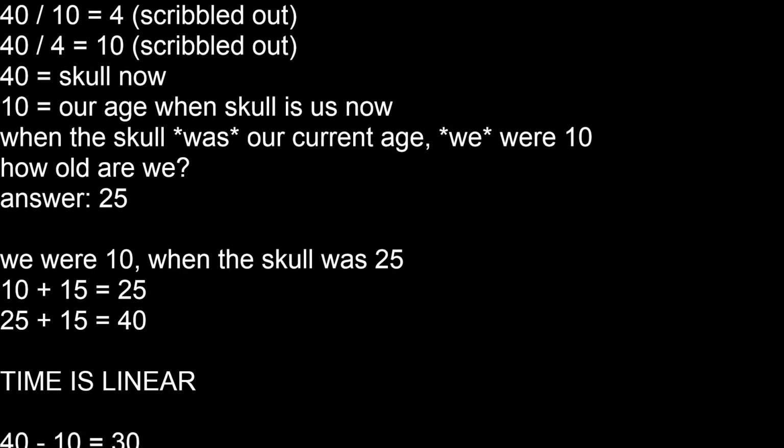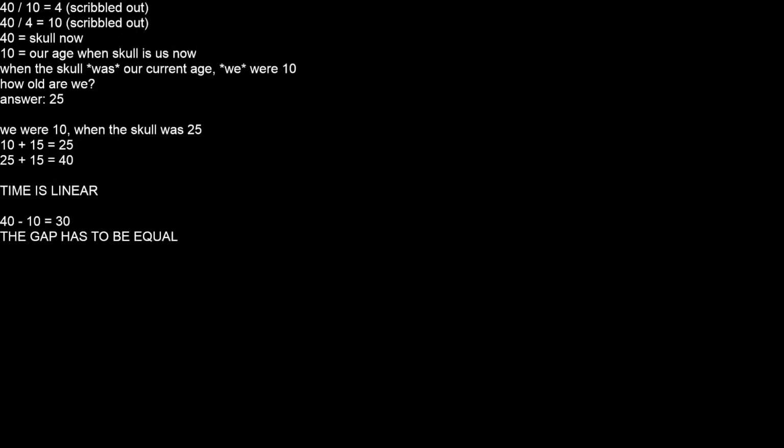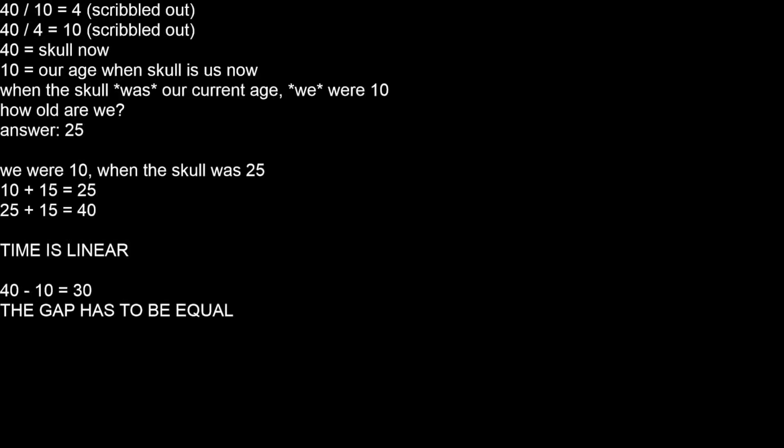But the gap has to be equal. Hold on, I need to shrink the font. The gap has to be equal. You understand me? I'm gonna put that in again because that's really important. The gap has to be equal. The reason the gap has to be equal is because, and I've said this before, time is linear. So the change has to apply to both of us.